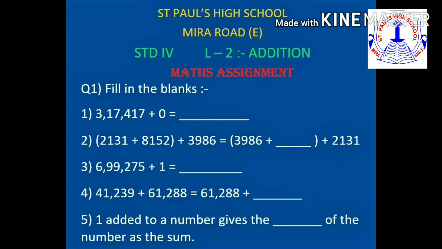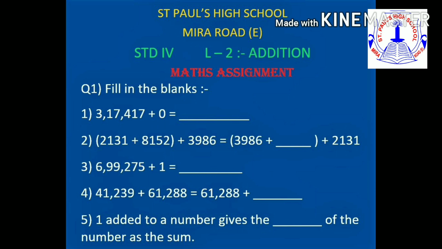Second one, in bracket, 2,131 plus 8,152 plus 3,986 is equal to, in bracket, 3,986 plus dash plus 2,131. Third one, 6,99,275 plus 1 is equal to dash.